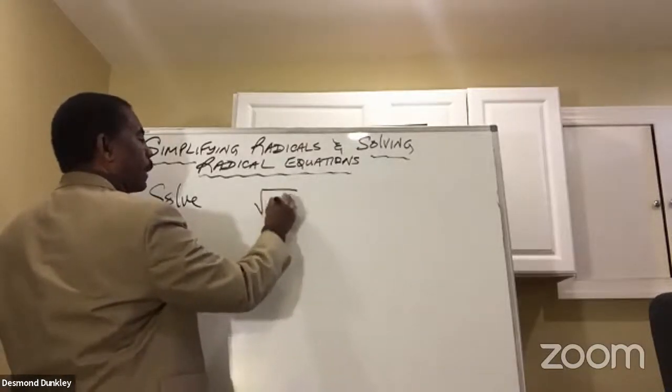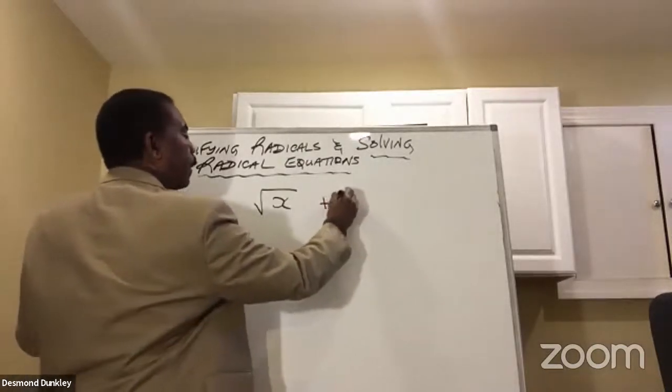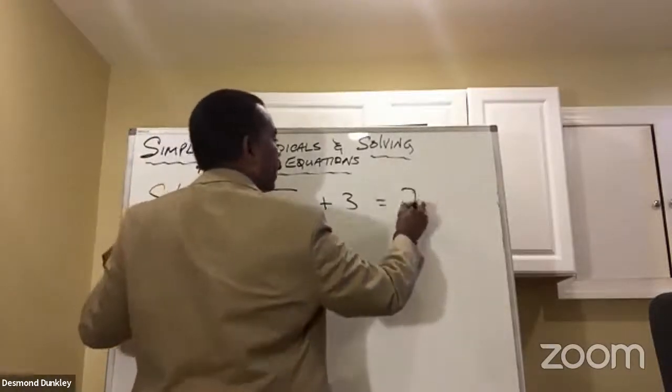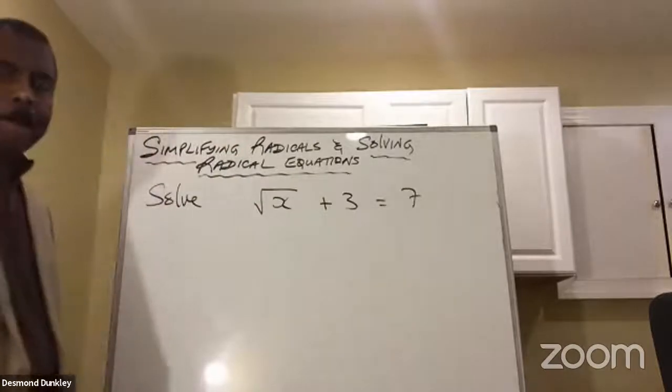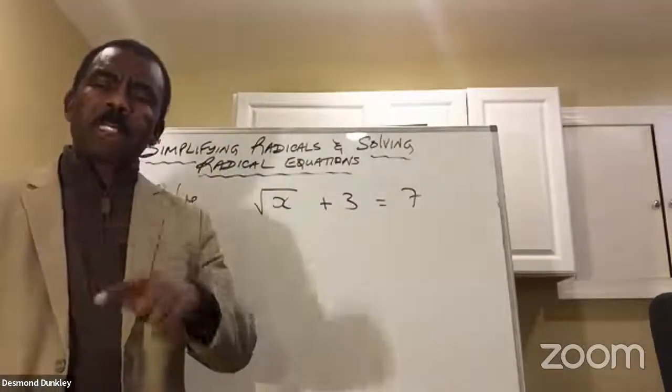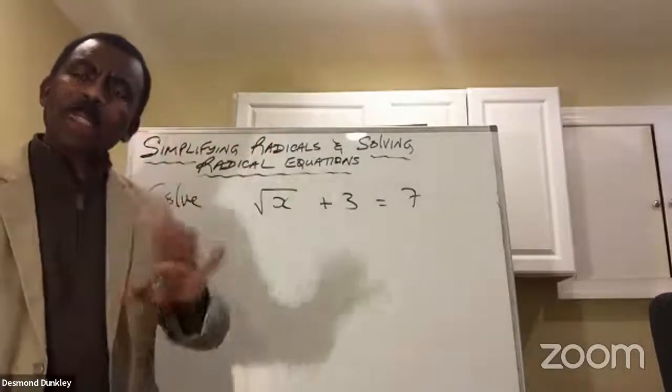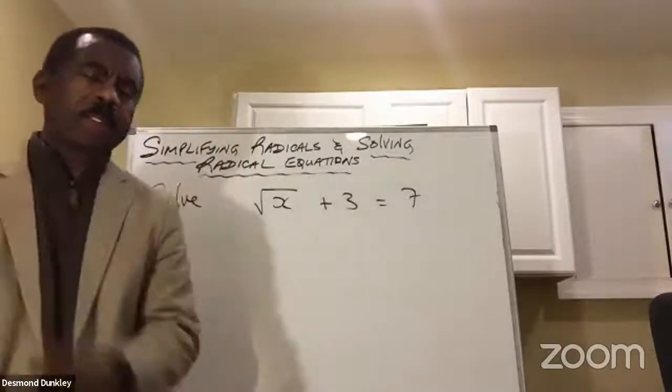Square root of x plus 3 equal to 7. We need to find x. So we need to get x by itself. We need to isolate the x.